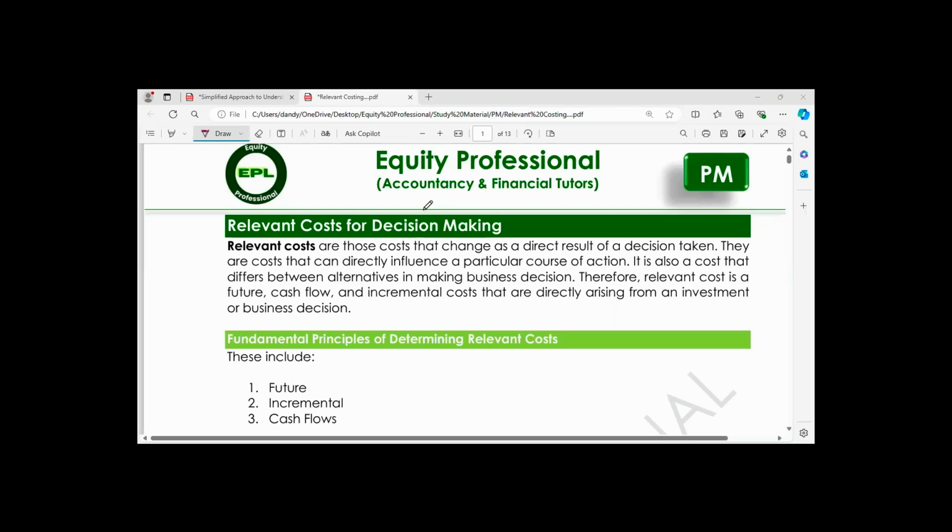Then we'll talk about disposal value. We said that disposal value, which is also known as net realizable value, scrap value, resale value, or trade-in value, represents the amount at which the item of inventory or the material held in store can be disposed of or sold, okay? Because the material, you already have it in the store. Maybe due to over purchasing, you don't need it again, then you dispose of it.